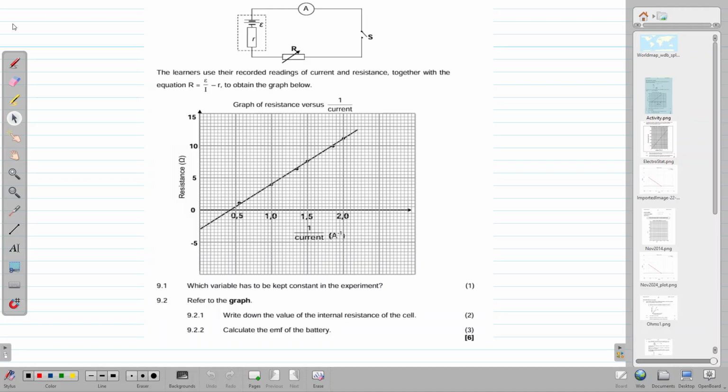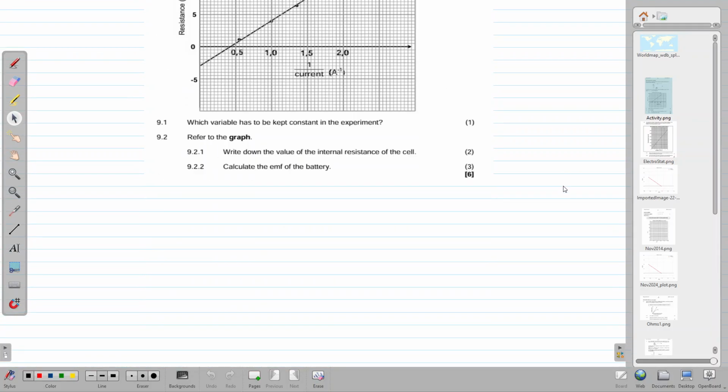I'm going to start with 9.1. In order for this straight line to be kept, the variable that you need to keep constant here is the EMF, and of course the internal resistance.